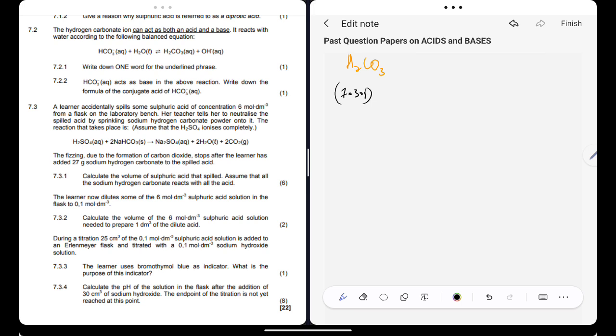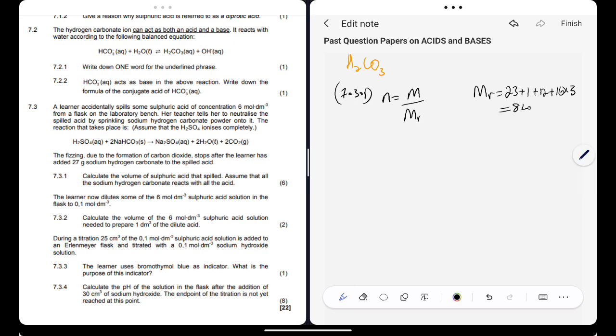We are given the mass of the base which completely neutralized the acid. So we can calculate the number of moles of our base. The relative formula mass for our base: we have 23 for sodium, plus 1 for hydrogen, 12 for carbon, and then 16 multiplied by 3 for oxygen.